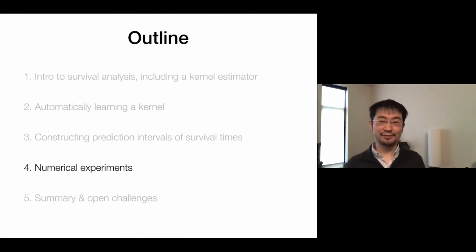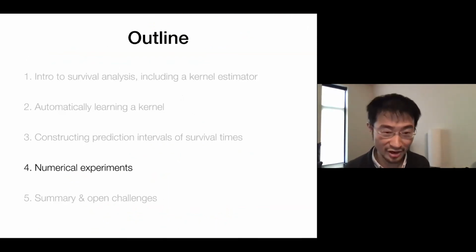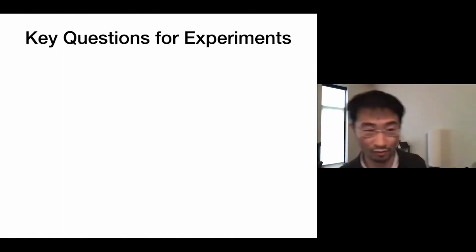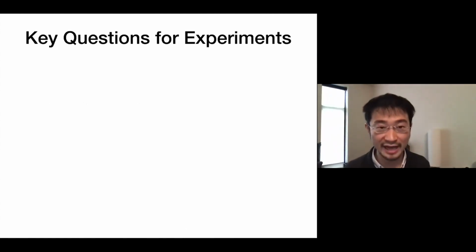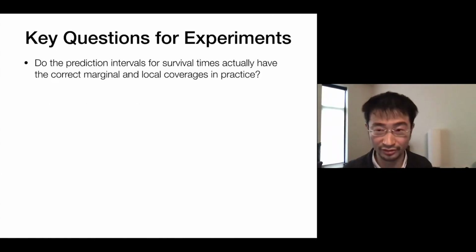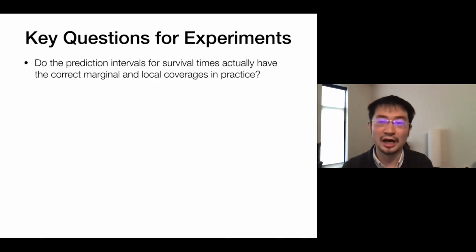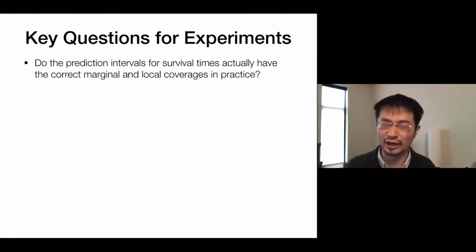All right, so I did a bunch of talking about these methods. Now I'll talk about how they actually work with real data. The questions I'll be asking with the numerical experiments are the following. Question one is, do the prediction intervals for the survival times actually have the correct marginal and local coverages in practice?